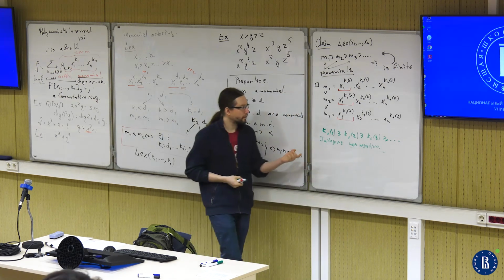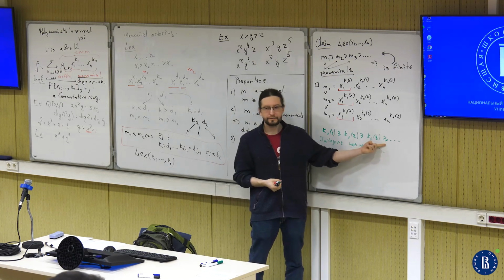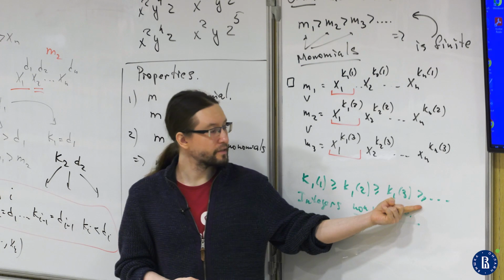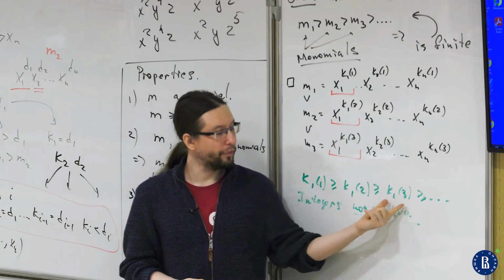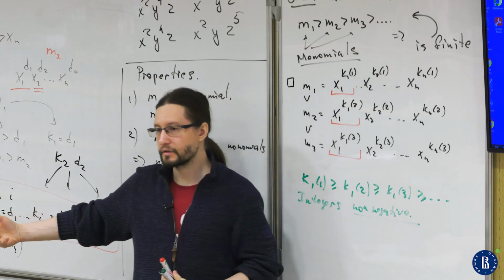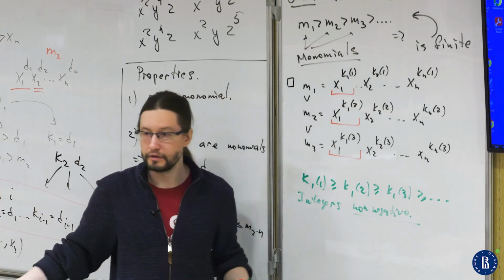What does it mean? If we have this kind of sequence, it must stabilize, in the sense that at some point all these numbers must be the same, because there is no strictly decreasing infinite sequence of non-negative integers.